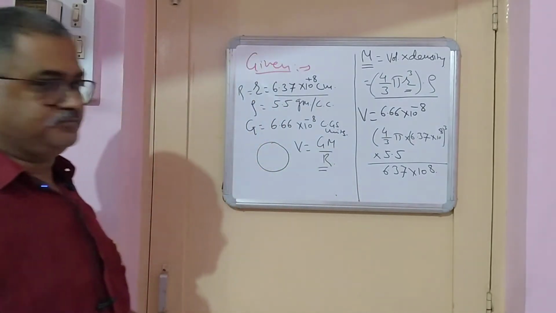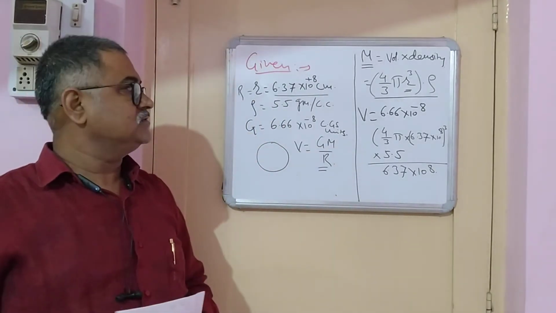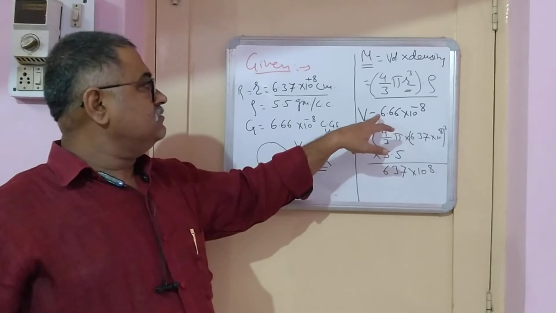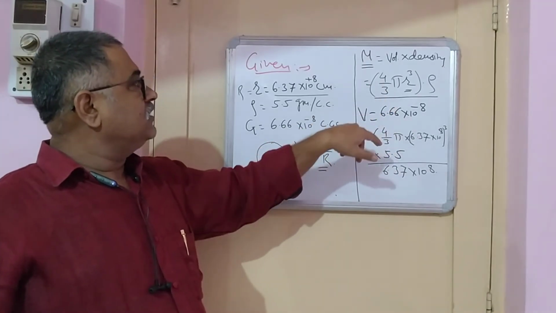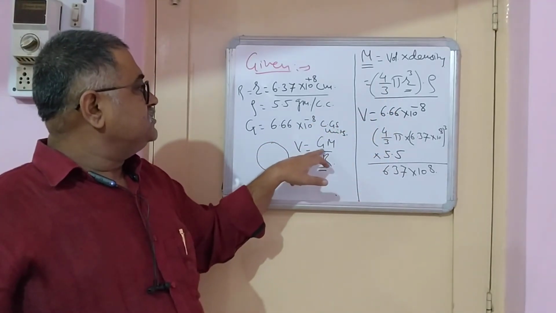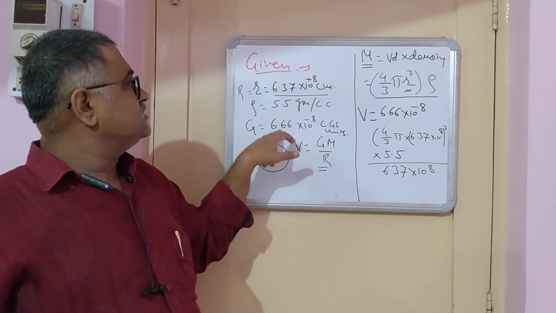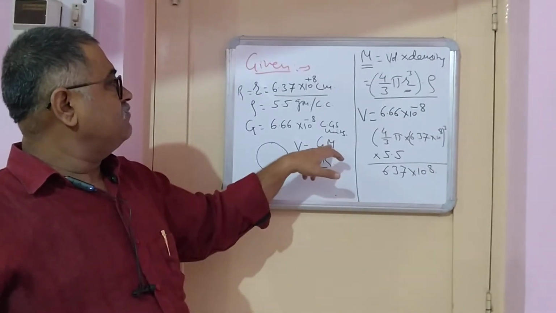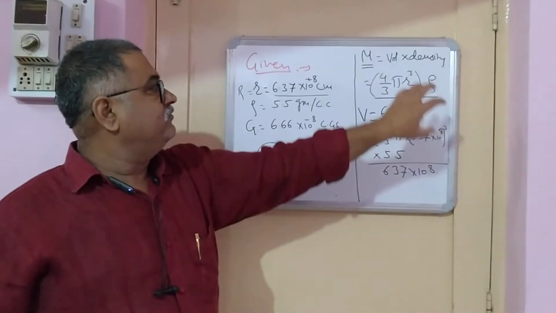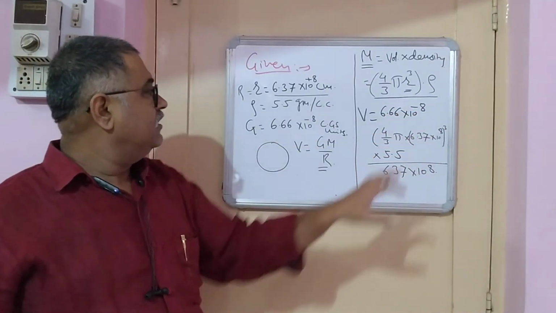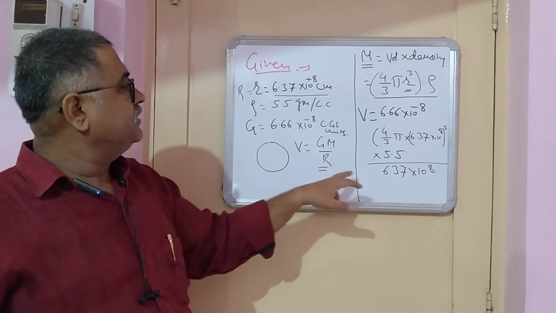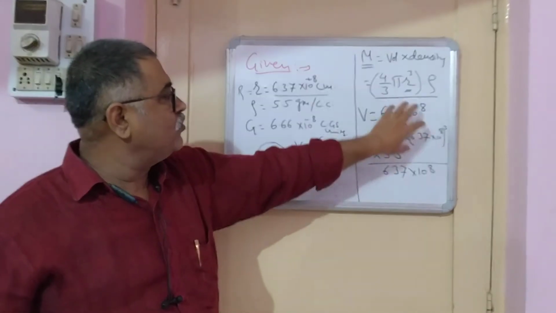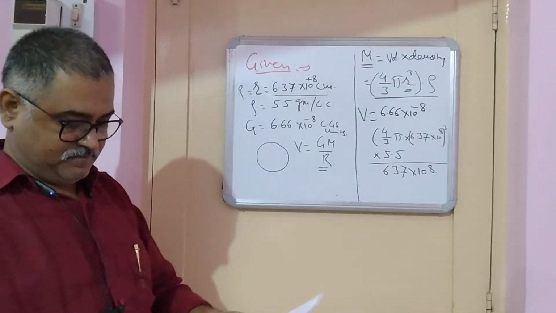You can see once again, in this formula, the value of G is 6.66 into 10 raised to minus 8. We put the factor M here, then R divided in the denominator of this whole quantity in this way.